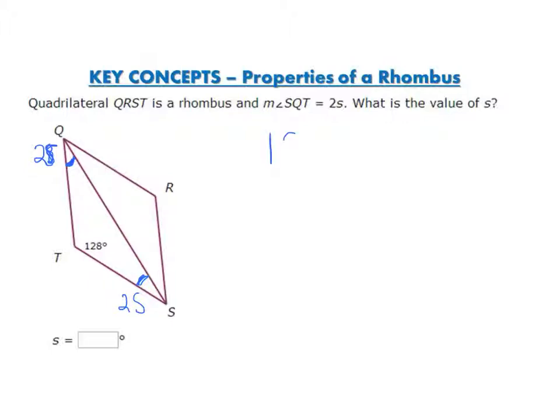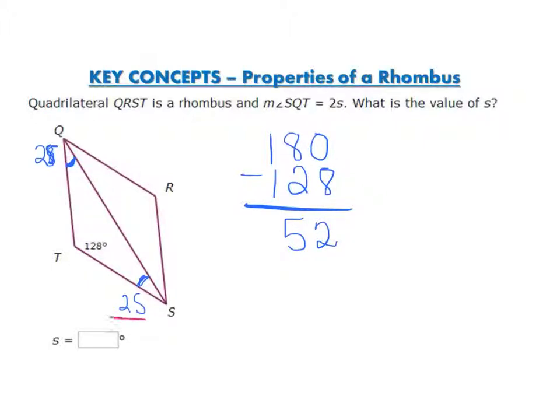So you start out with 180. You subtract 128, which gives us 52. I have 2 S's and 2 more S's, so that's 4 S's.